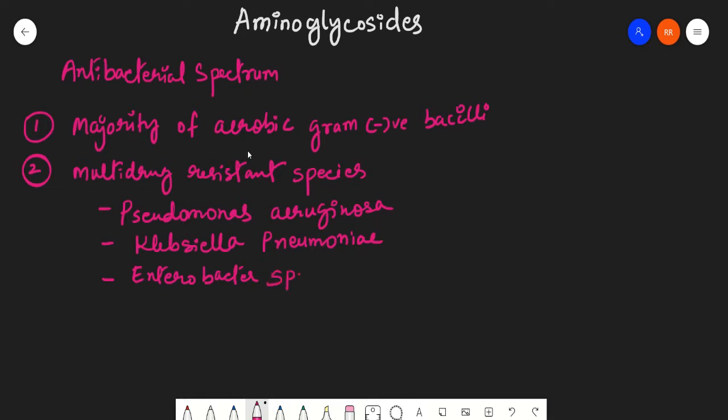So aminoglycosides are active against all these three multi-resistant species.